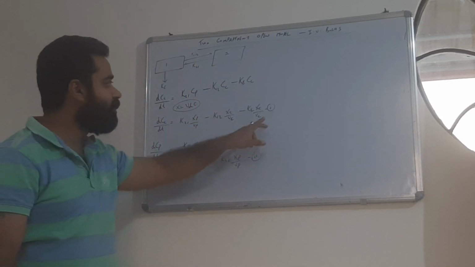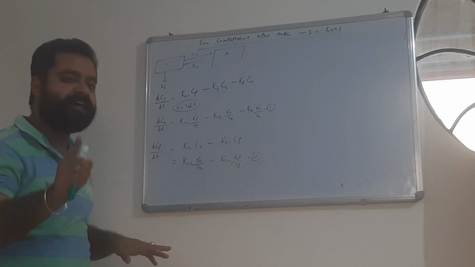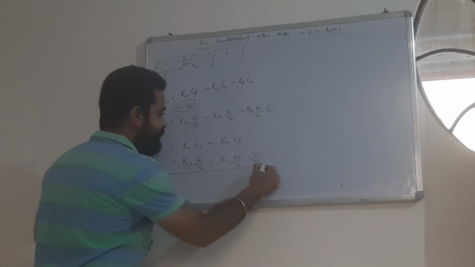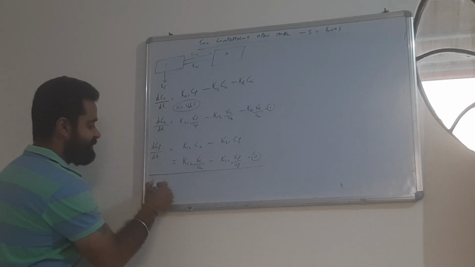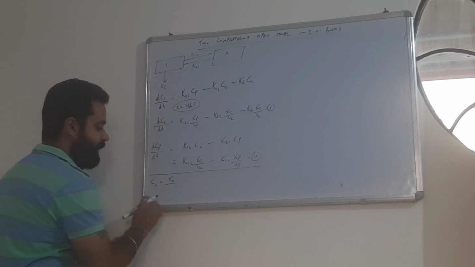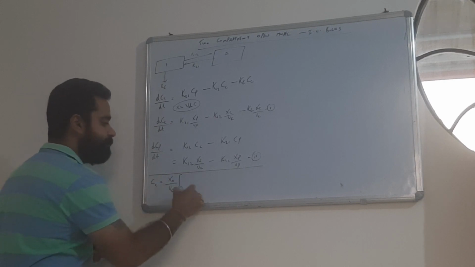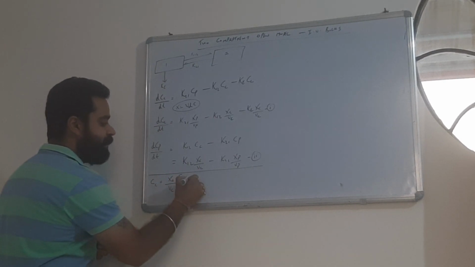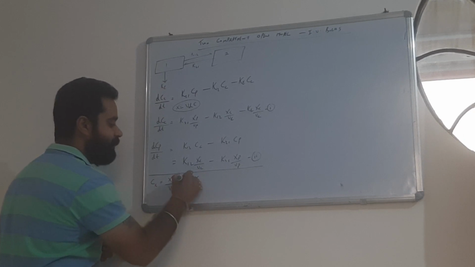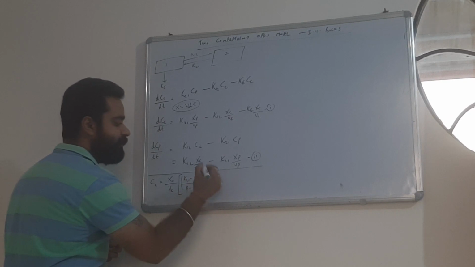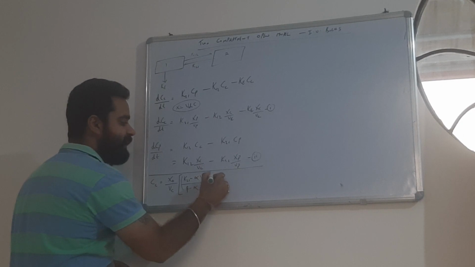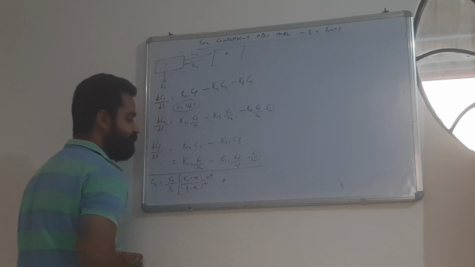Now, on integration of equations 1 and 2, what do we get? On integration of equation 1, we get Cc = X0/Vc [ (K21 - alpha)/(beta - alpha) e^(-alpha t) + (K21 - beta)/(alpha - beta) e^(-beta t) ]. Carefully note it down.